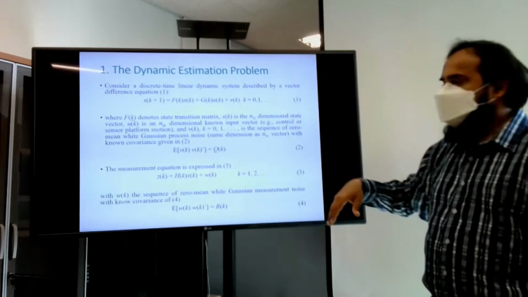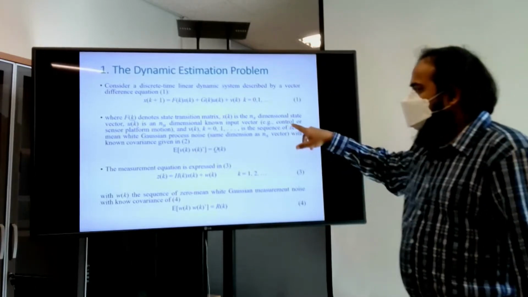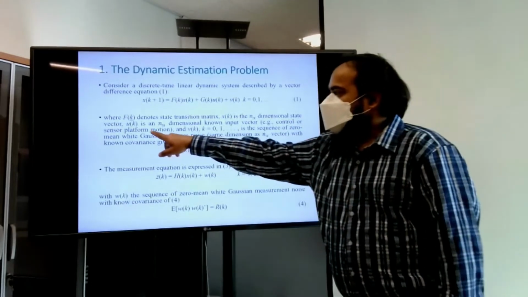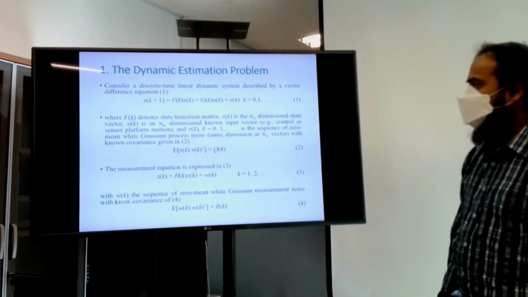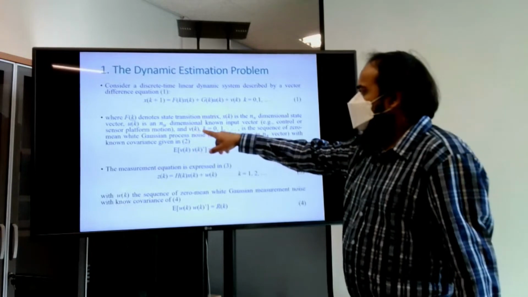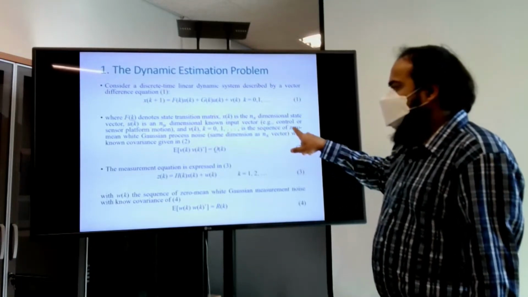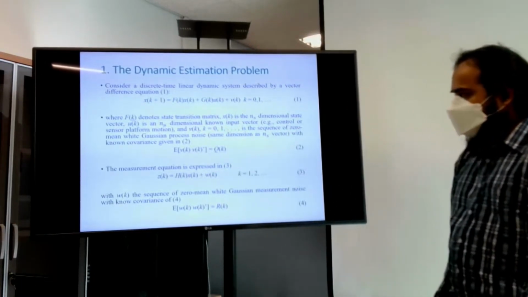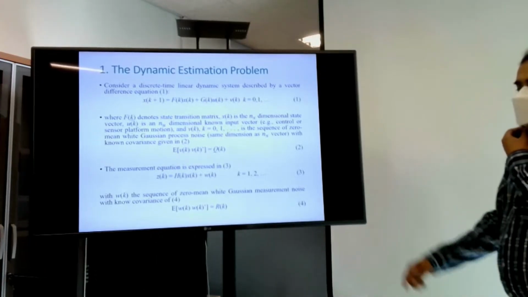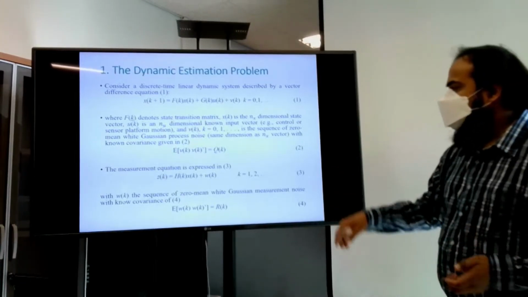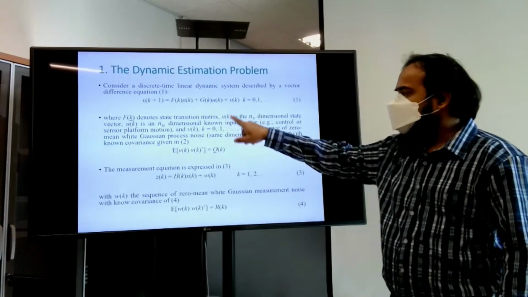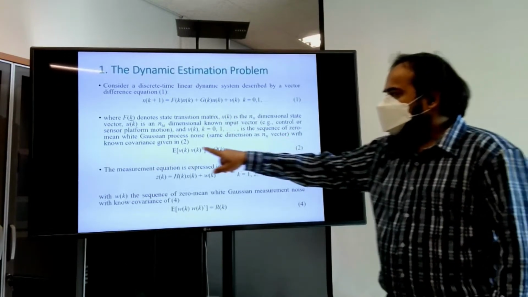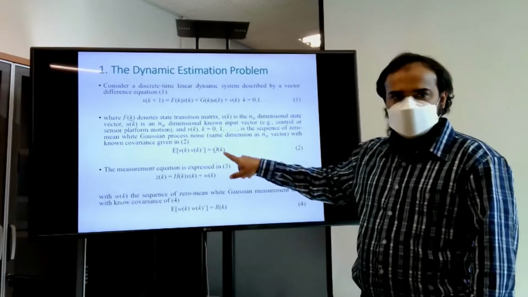So this is a control input, motion platform input, or sensor input. And Vk is a sequence of zero mean white Gaussian noise, with zero mean and known covariance Qk.